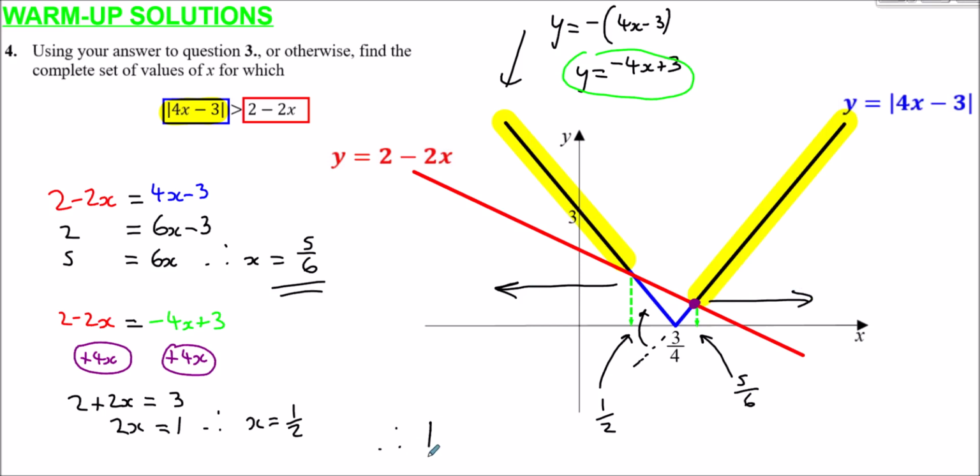So therefore we can conclude and say 4x minus 3 is greater than 2 minus 2x for when x is less than 1/2, so it's that bit, unified or joined with where x is greater than the point 5/6. So that's the solution set in set notation for the values of x which satisfy this inequality.